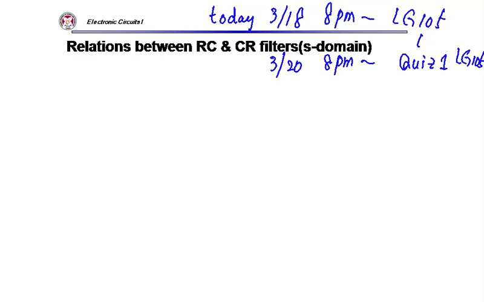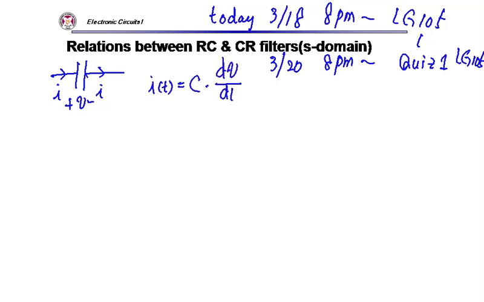We talked about some initial condition of a capacitor. In a capacitor, the displacement current can be written as C dV/dt.